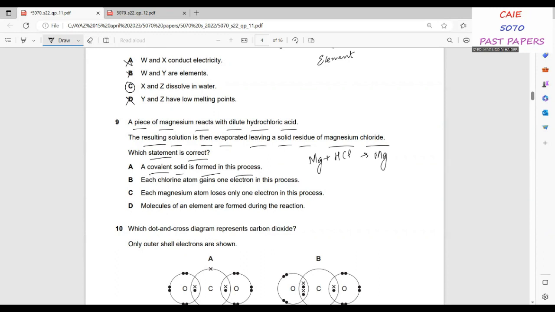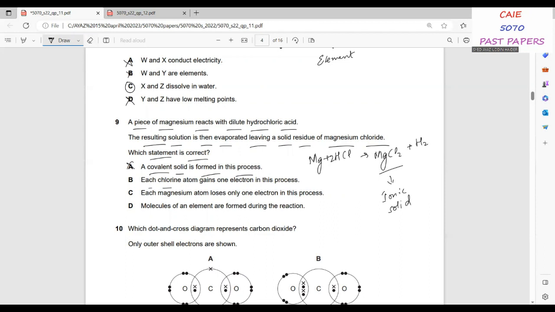We get magnesium chloride plus H2 gas. I am balancing the equation also. So we have a covalent solid now. This is an ionic solid, not a covalent solid. MgCl2 is an ionic solid. So A is incorrect.